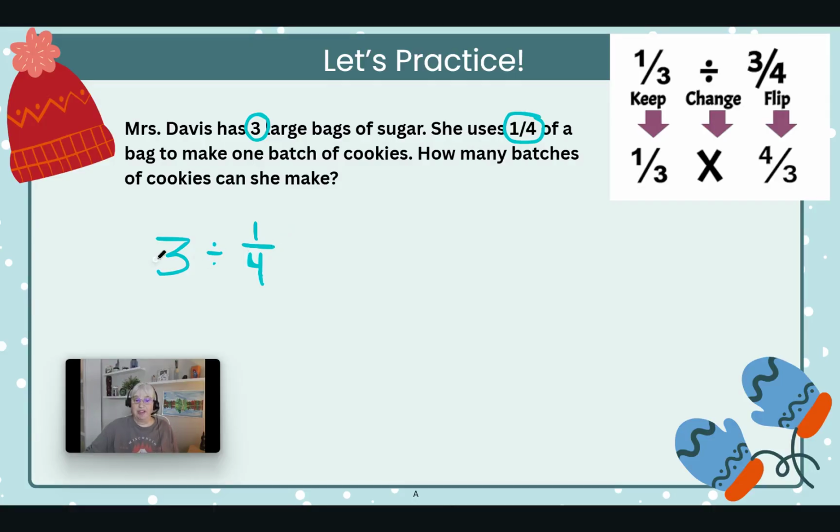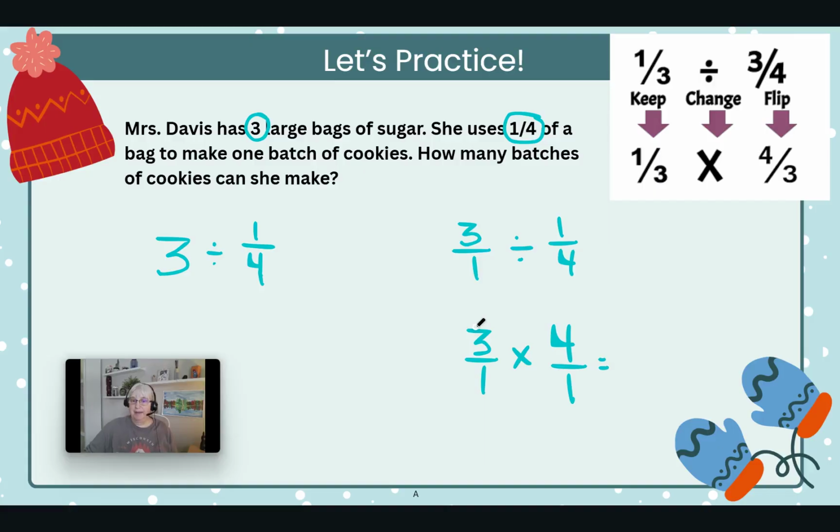To do that, we have to take 3 and write 3 as a fraction. 3 as a fraction is 3/1 divided by 1/4. All right, so we're going to keep the 3/1, change the divide to multiply, and flip the 1/4 so that the 4 is on the top and the 1 is on the bottom.